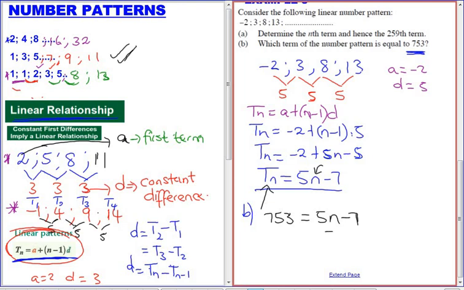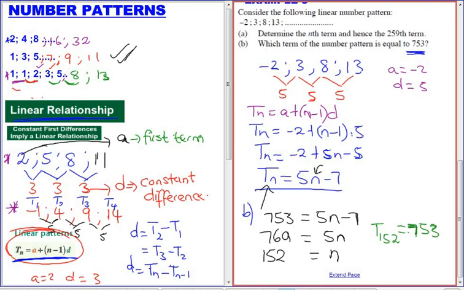So as you can see, your 5n is now going to be 760, and then if you notice, when I divide by 5, I should get 152. So what I'm getting from all this is that T152 happens to be equal to 753. So understand it properly, please.